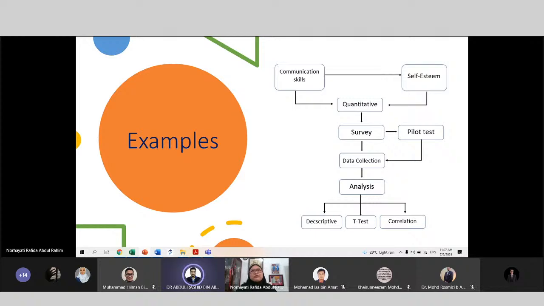Quantitative people love to see the drawing and the values in the drawing. That is what AMOS does. So when we have a structural equation model, yes, AMOS can do that further.